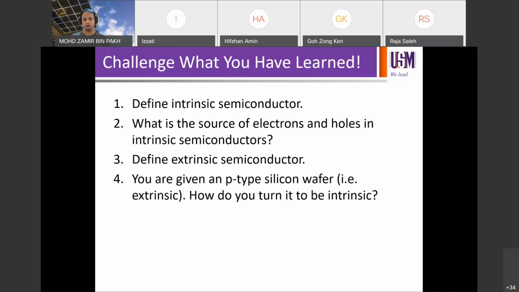So at the point where your ND is equal to NA, you're going to have no majority carriers anymore, and your semiconductor is going to be called a compensated semiconductor, and it's now intrinsic again, right? Intrinsic again. So two methods: increasing temperature and compensated doping.